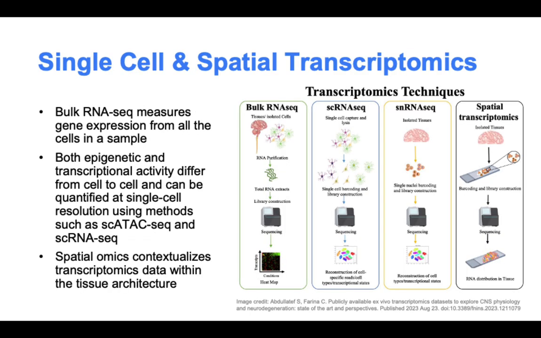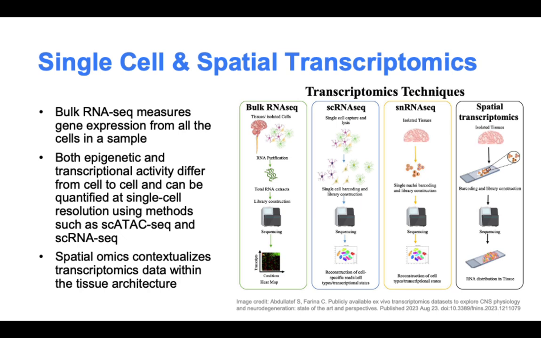So in recent years, we've gotten to a point with the technology that we can get a higher resolution with transcriptomics. Bulk RNA-seq, as I discussed prior, is just measuring the transcripts from a heterogeneous mix of cells.